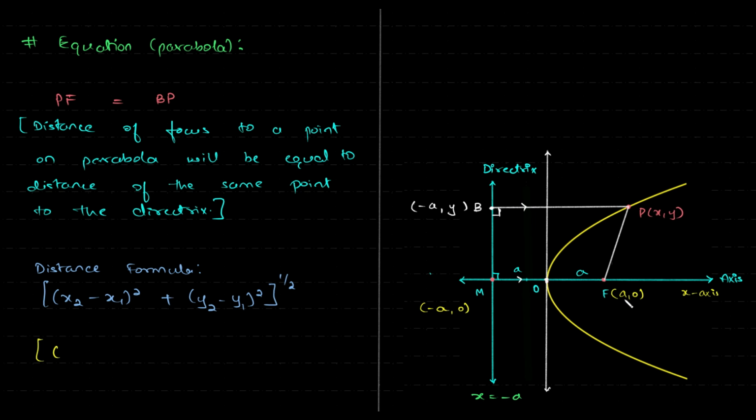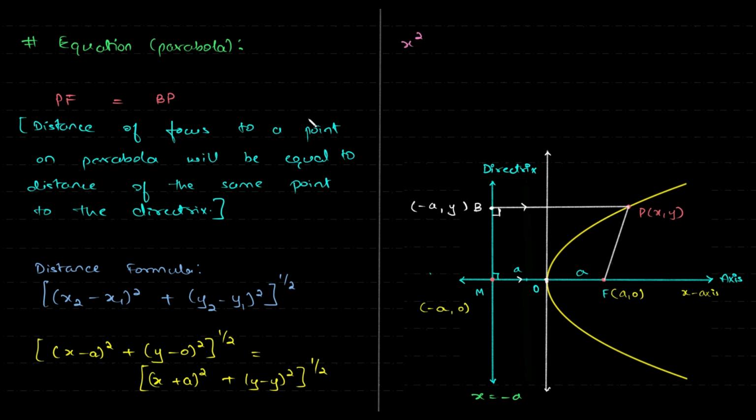PF is over here, so square root of (x minus a) squared plus (y minus 0) squared is equal to PB, square root of (x plus a) squared plus (y minus y) squared. So what all can I cancel? Well, I can cancel the roots. The roots got cancelled.